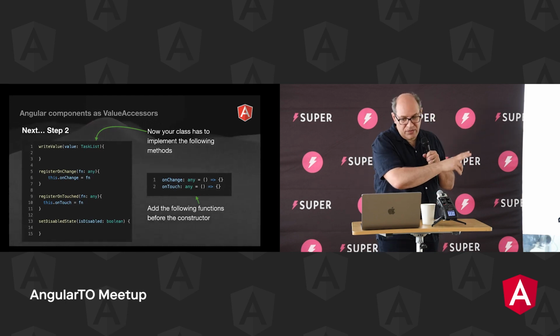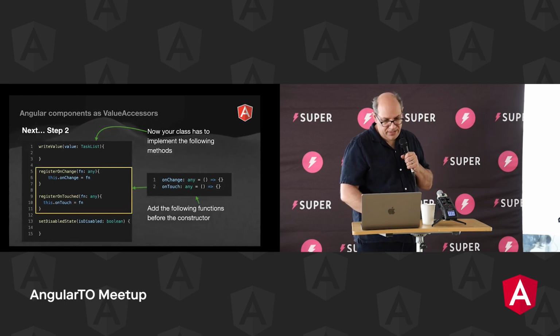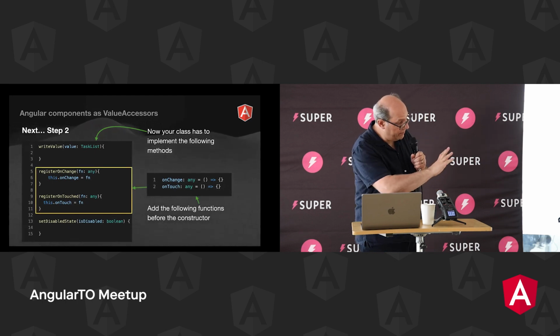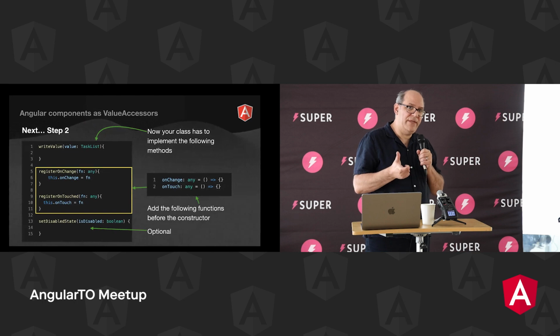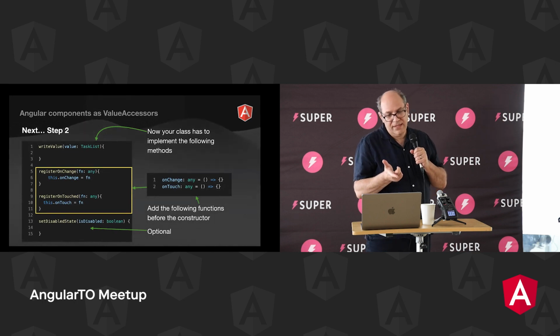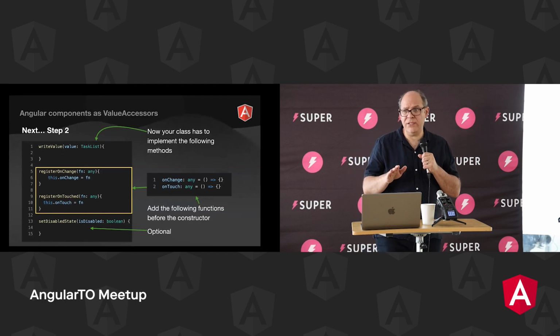We put those in the constructor, and then basically we create the two methods here that we see on the right or on the left. The last thing is optional. This is the disabled state. So if you want to implement disabled, well, this will be passed in, true or false, and then you basically do whatever you want with your component.